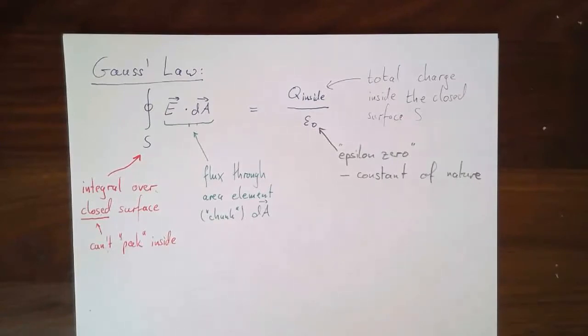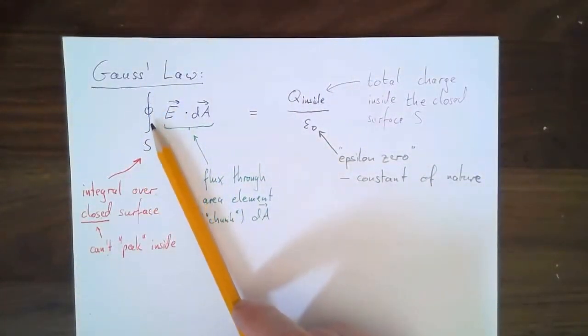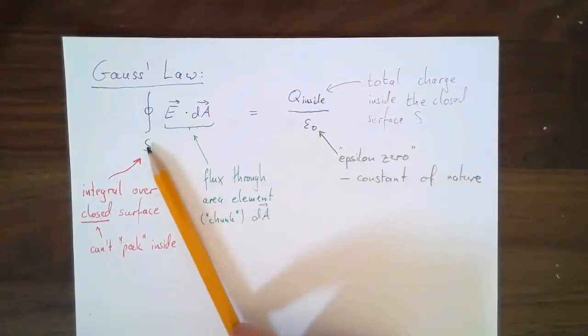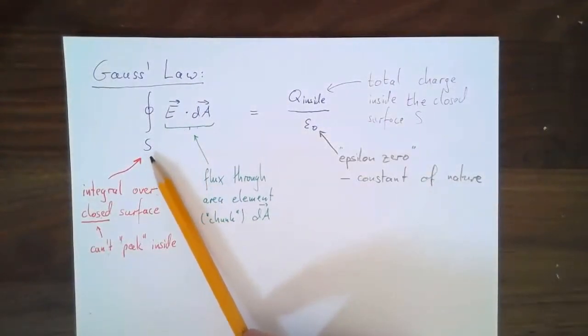So here's what Gauss's law states, and we got there at the end of the first video, part 1 on Gauss's law. If you haven't watched that, you probably want to watch that first. So the law states that if you take the area integral, an integral over a surface, and that surface is closed, it means that you imagine some kind of three-dimensional surface.